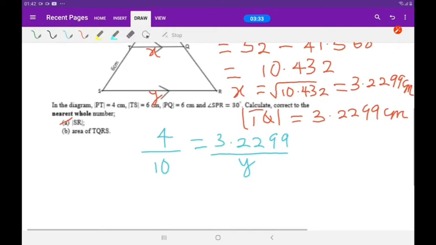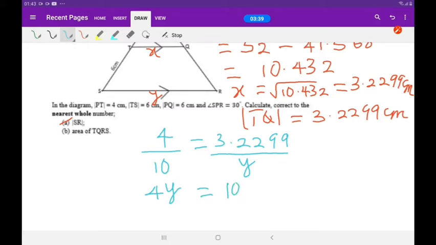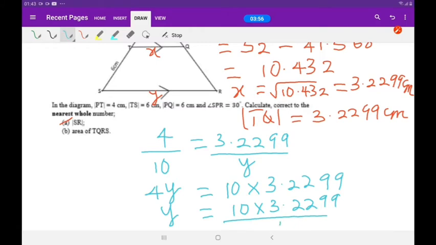So if you cross multiply, you're going to be getting 4Y equals 10 times 3.2299, such that Y will now be equals to 10 times 3.2299 divided by 4.